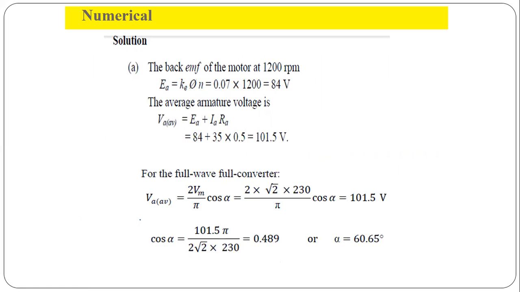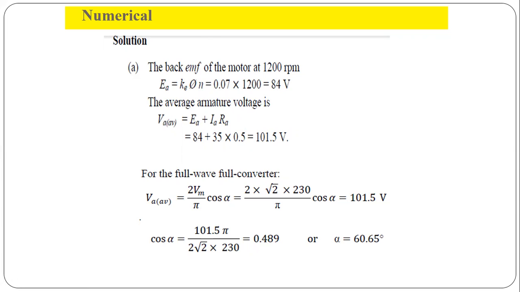Now we will get the armature voltage. So VA is equal to EA plus IA RA. Now we put the values of EA and IA RA, and we get the armature voltage, that is 101.5 volt. So for the full wave rectifier, as you know, the formula for output voltage is 2 Vm by pi cos alpha.